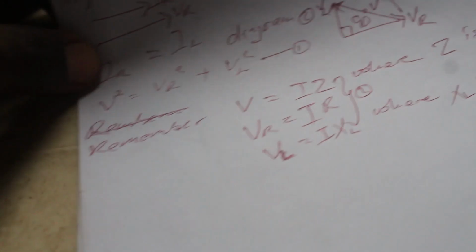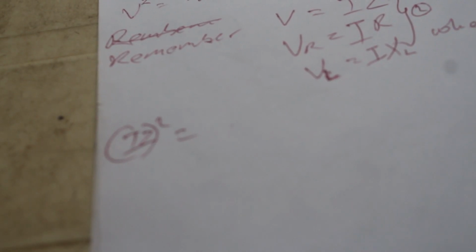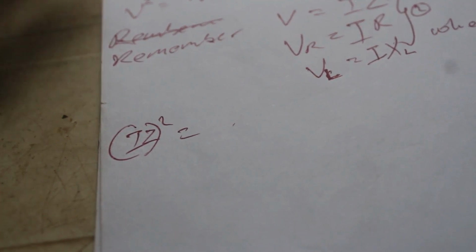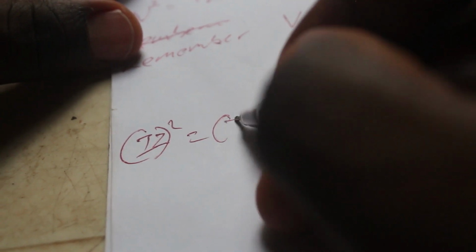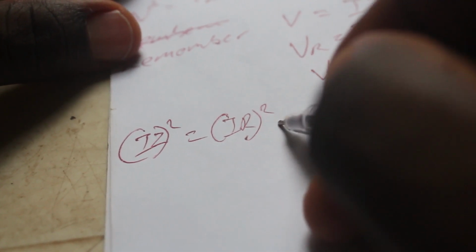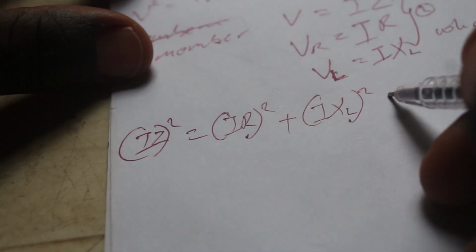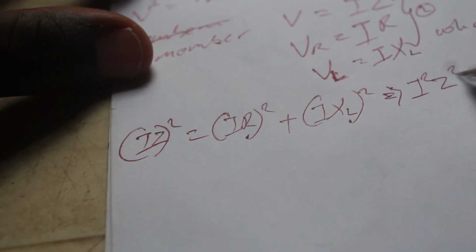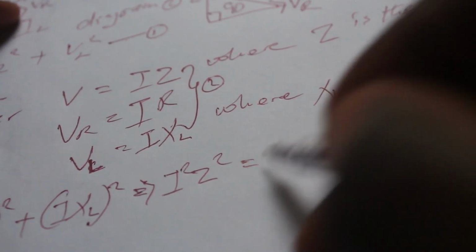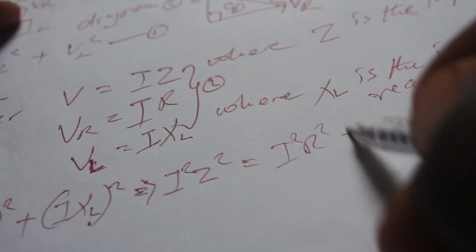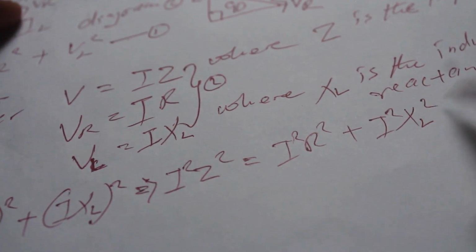We substitute their values, and so we have IZ squared is equal to IR squared plus I XL squared, and that will give us I squared Z squared is equal to I squared R squared plus I squared XL squared.